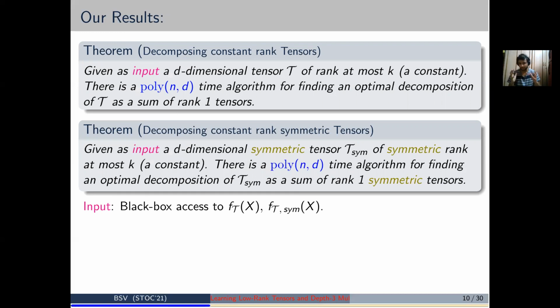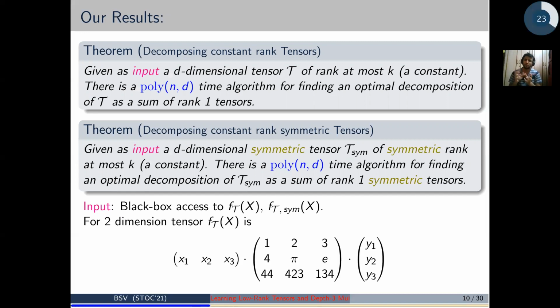If you look at a tensor of dimension d, it will have roughly n to the d entries. So it will take n to the d space and time just to read it. But our algorithms work in poly(n, d) time. This is because we don't even need to look at the whole tensor. We can just look at the evaluations and figure out the rank and its decomposition from that.